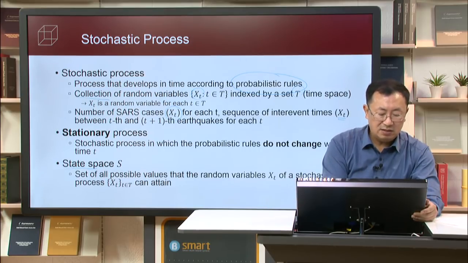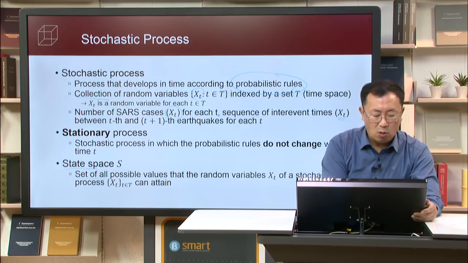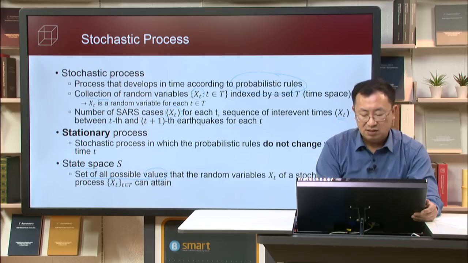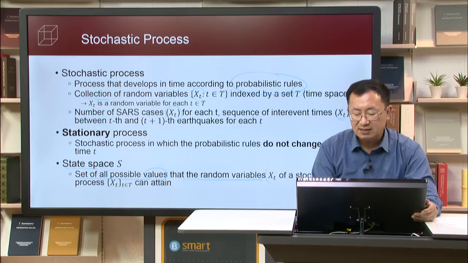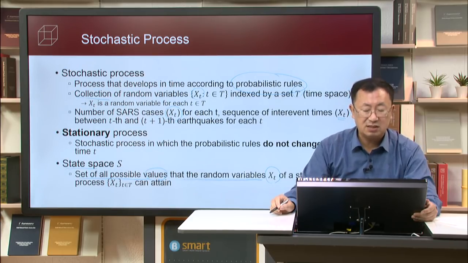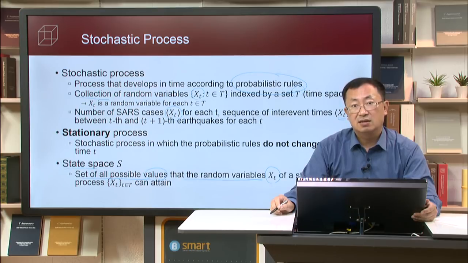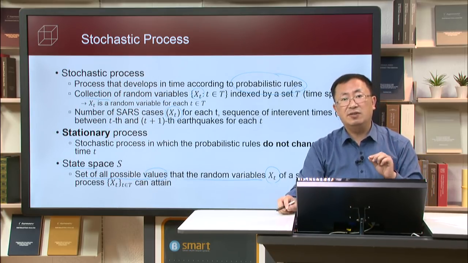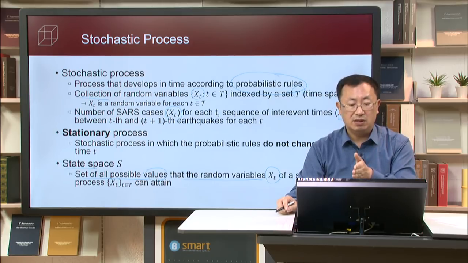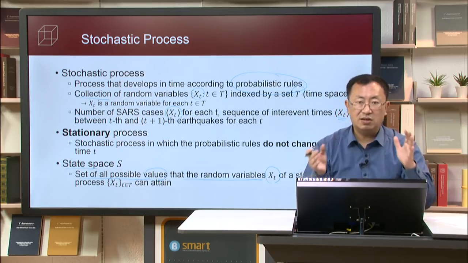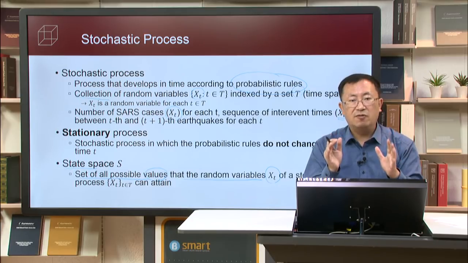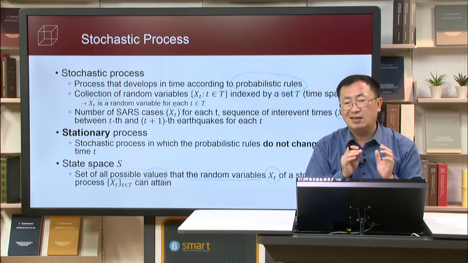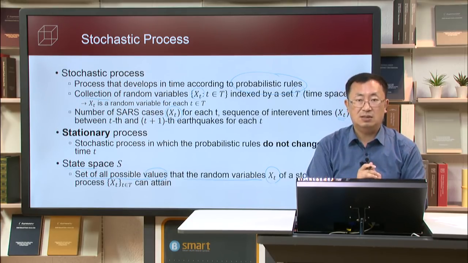The state space means the set of all possible values that the random variable X_t of the stochastic process can take, that is, the realization of X_t for each time period.